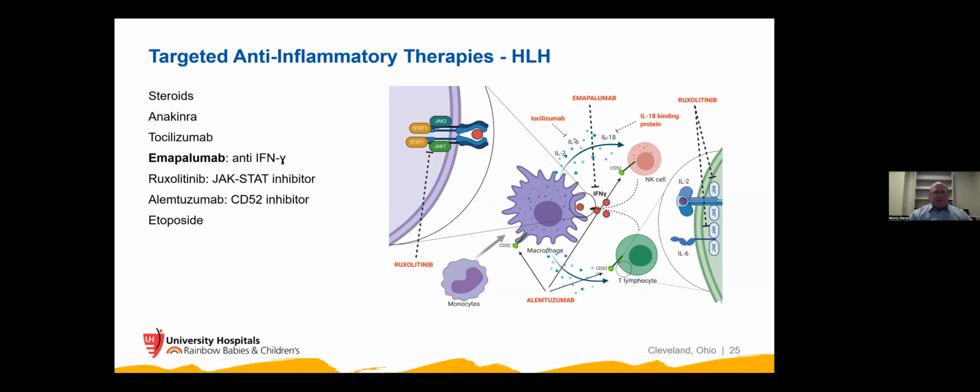And so using something like emapalumab, which blocks interferon gamma, has been shown to really downregulate the inflammatory response in patients with HLH. You can also use your JAK inhibitors, as we talked about, and block natural killer cells, which is one of the cells that is overexpressed. And then, of course, using chemotherapies to destroy all of the immune cells that are causing secretion of cytokines if nothing else is working.